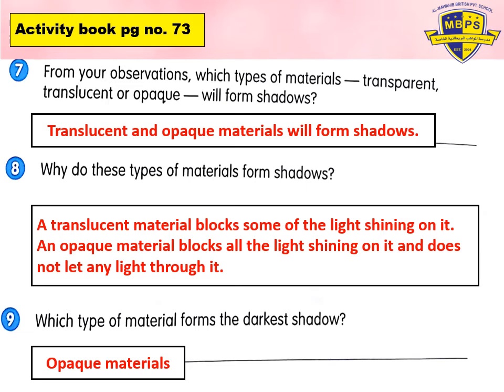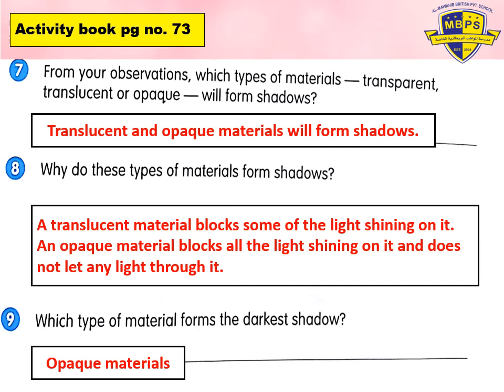Let's follow some questions on the same page, page number 73. Question number 7. From your observations, which type of material, transparent, translucent or opaque, will form shadows? Yes, translucent and opaque materials will form shadows. Copy that. And then we are going to go for question number 8. Why do these types of materials form shadows?